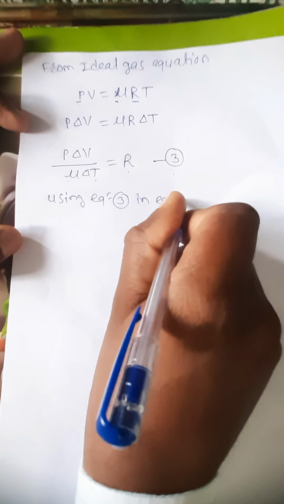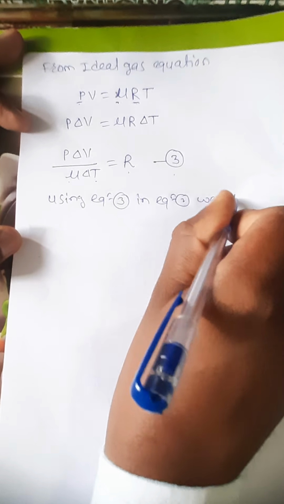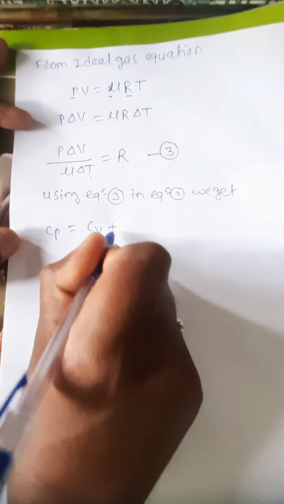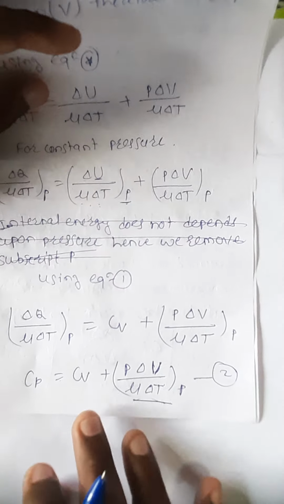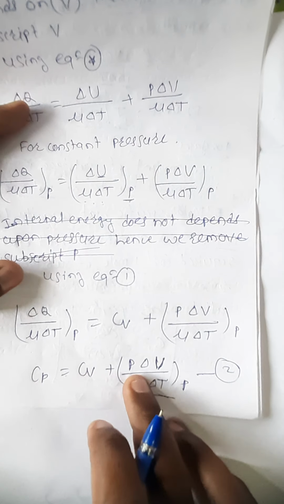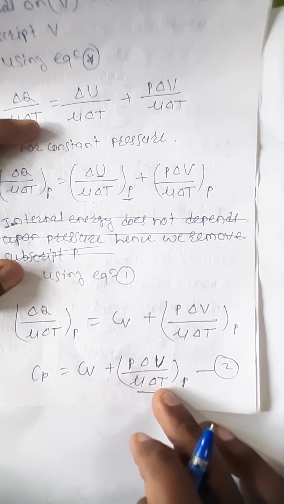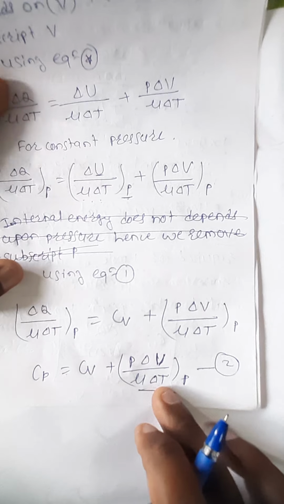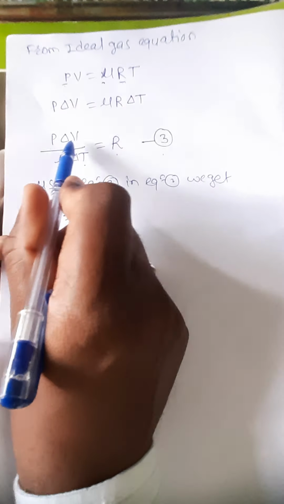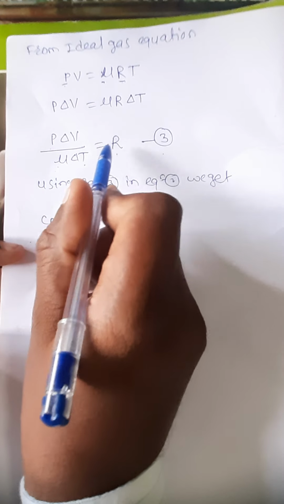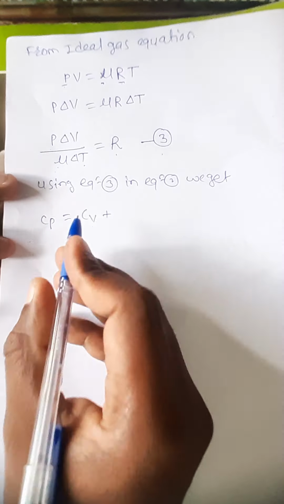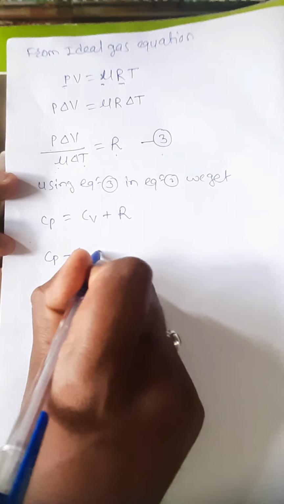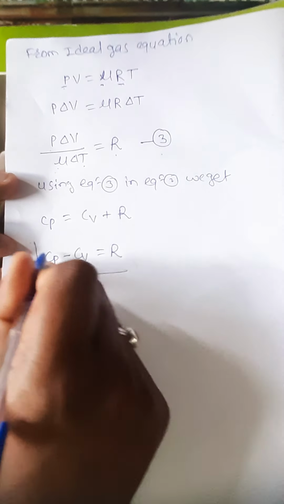What is equation 2? Cp is equal to Cv plus P into delta V divided by mu into delta T at constant pressure. In place of P into delta V divided by mu into delta T, we have to write R. Therefore Cp is equal to Cv plus R. Therefore Cp minus Cv is equal to R.